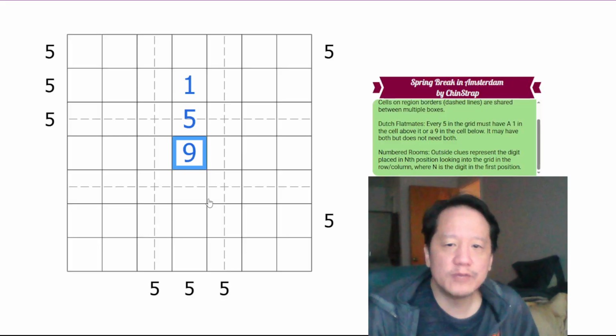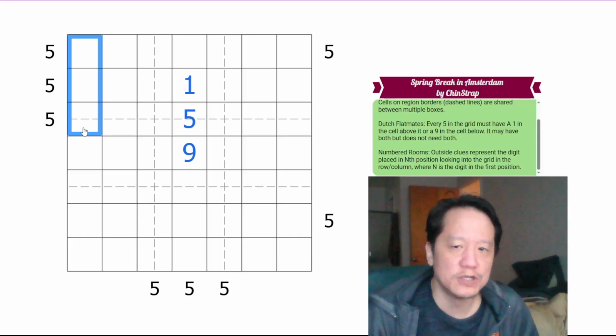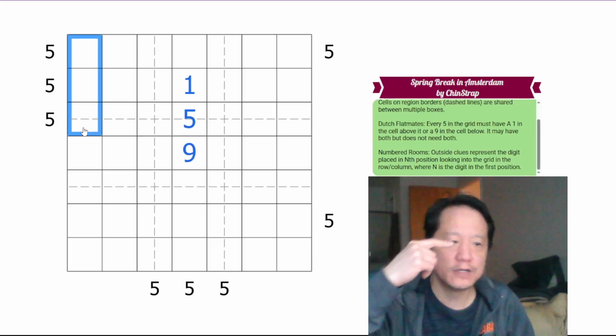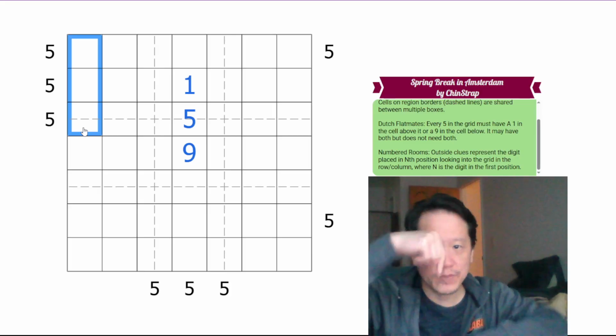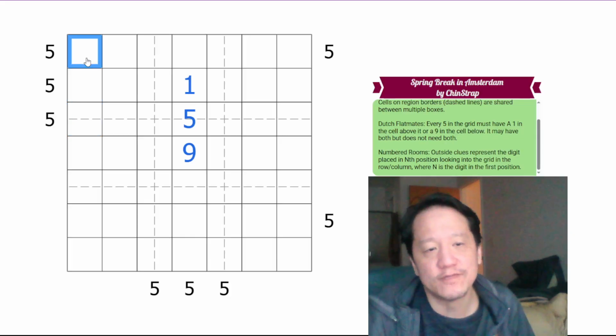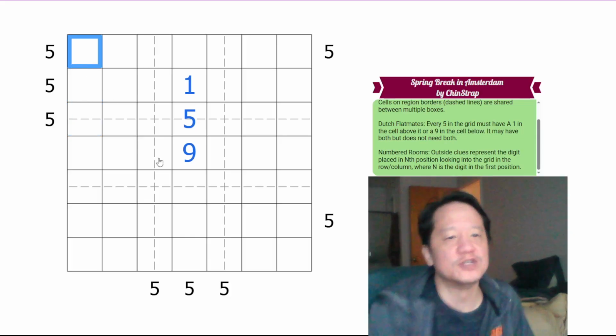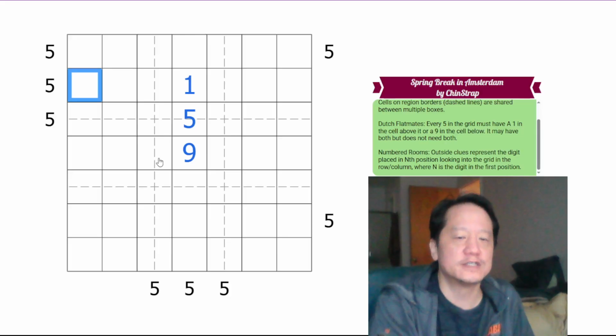And finally, we have numbered rooms, where outside clues represent the digit placed in the nth position, looking into the grid in the row or column, where n is the digit in the first position. So for example, say this was a 7.